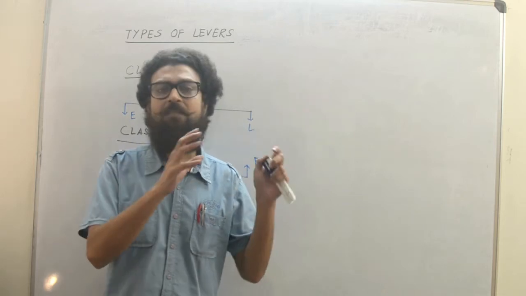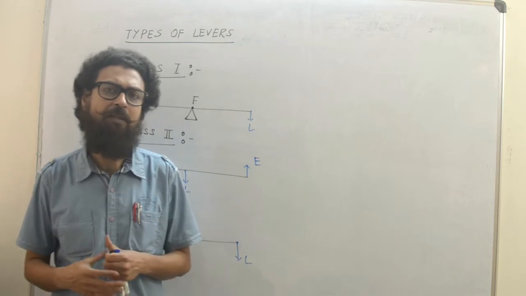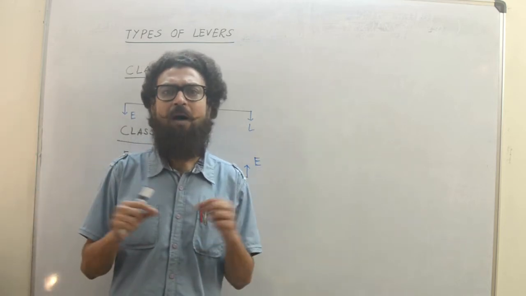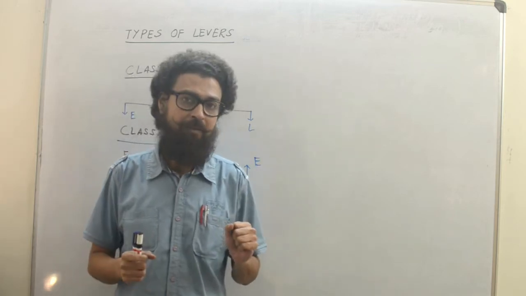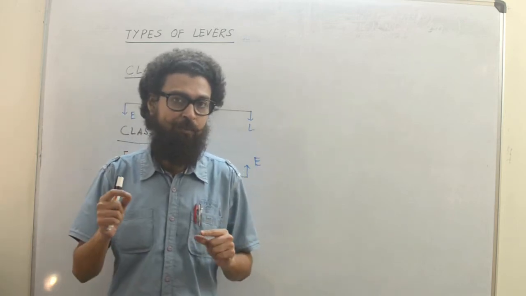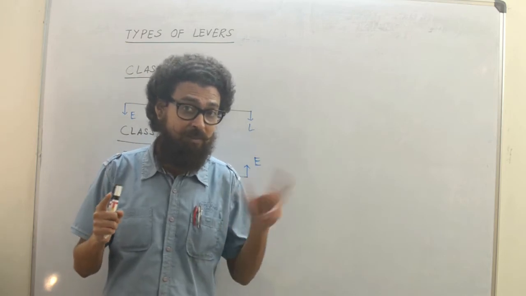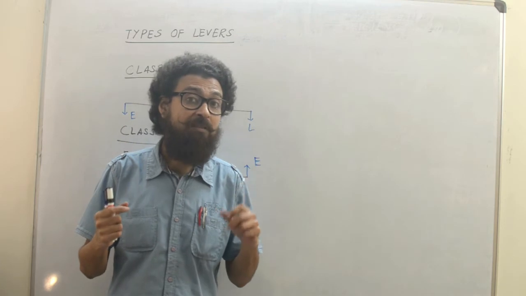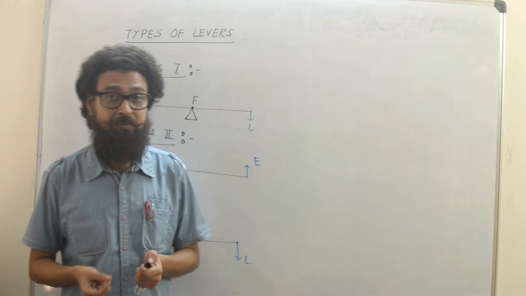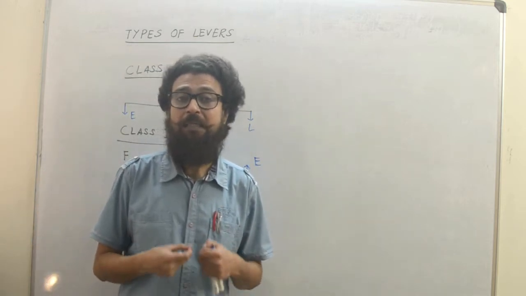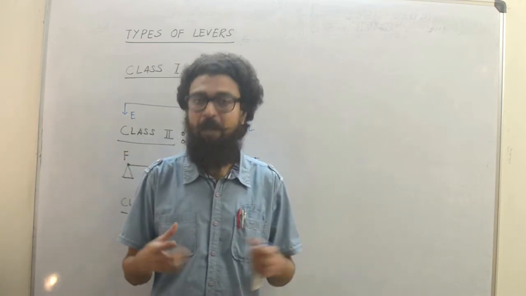Levers are a special type of machine, and we can define levers in this way: a kind of bar or an arrangement which can turn around a particular point. So we again have the word turn. Understood? We got turn in turning effect. We had a point of pivot, you remember? And now that point of pivot, in levers, we call the fulcrum.